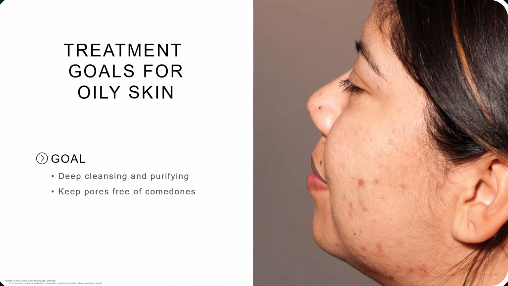Using galvanic current, steam, and extractions can also benefit oily skin, which would help keep their pores free of comedones. And exfoliating with oil-controlling ingredients and beta hydroxy acids can also give better results for an oily skin type.